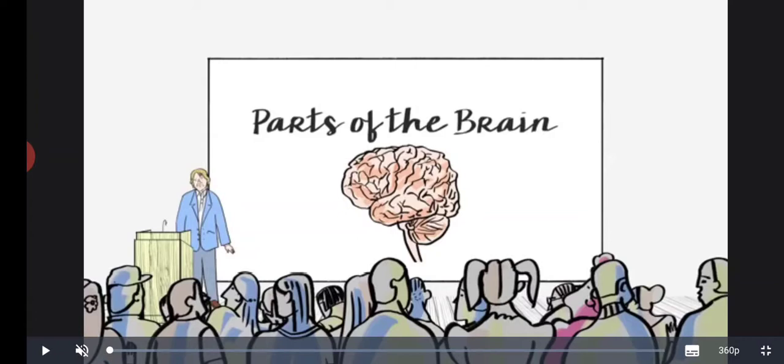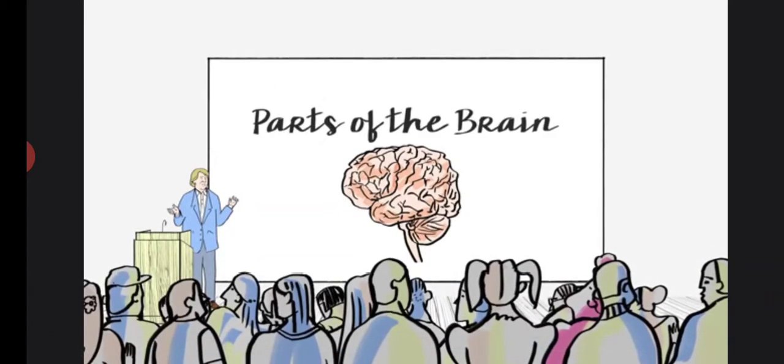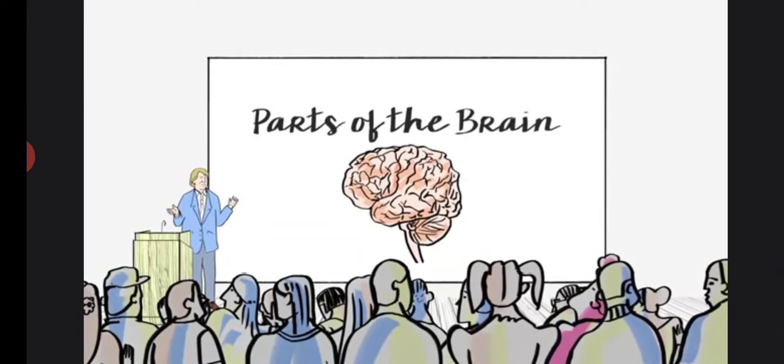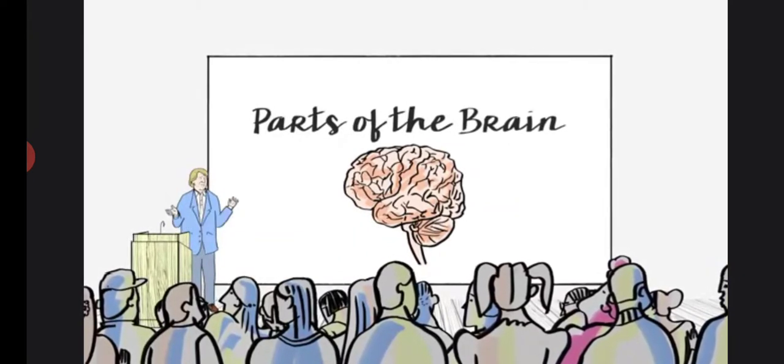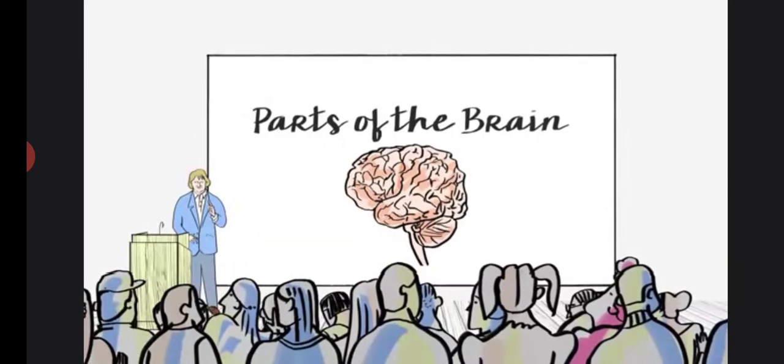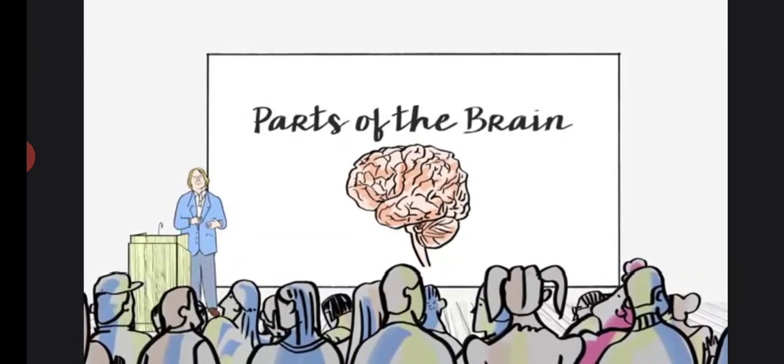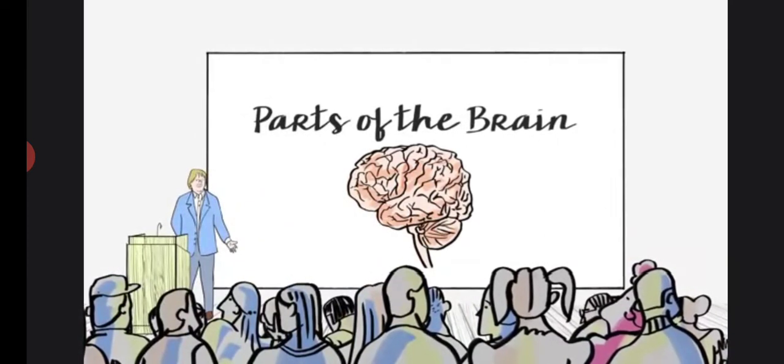So the first thing to realize is that when I'm talking about the brain, to be more precise and more inclusive, I should talk about the brain and parts of the spinal cord. So you don't need your brain for everything.